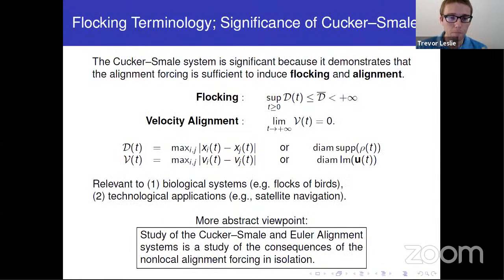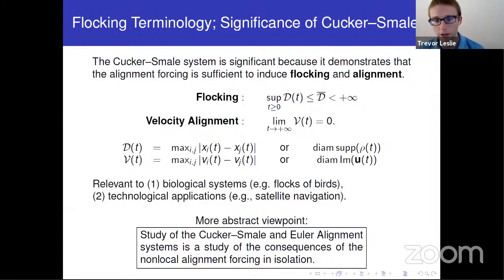So we can't hope to capture all the intricacies of, for example, a biological system like a flock of birds with a differential equation as simple as Cucker-Smale or Euler alignment. But this system is significant because despite its simplicity, it still captures some of the important features that we'd like to understand, and so functions effectively as a minimum model for alignment dynamics.